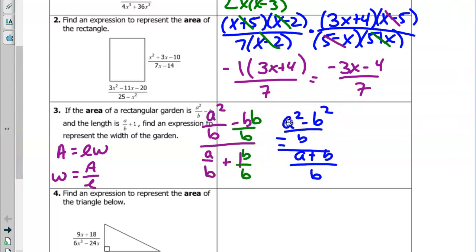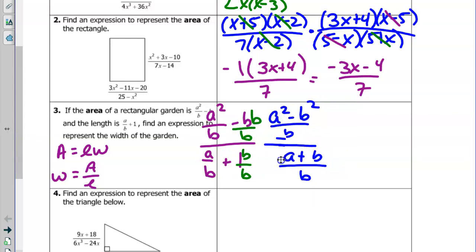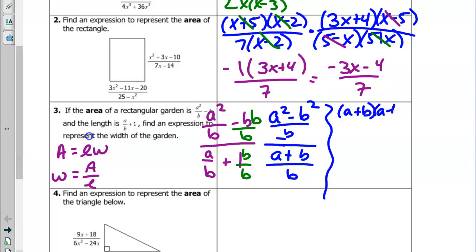Alright, so now we're going to reverse our fraction. So we would have a squared, let's go ahead and factor that. What is a squared minus b squared factor to? Over b.